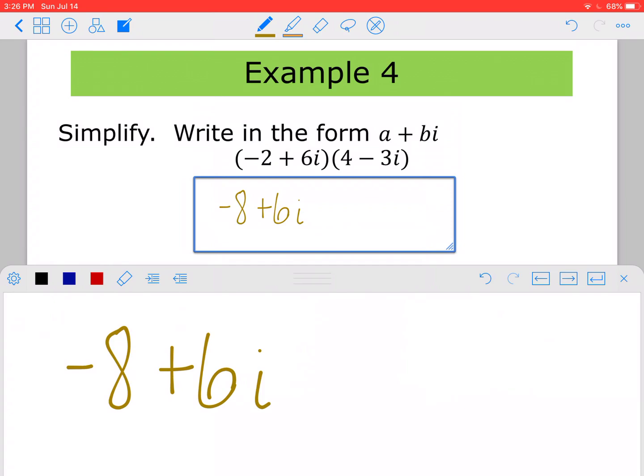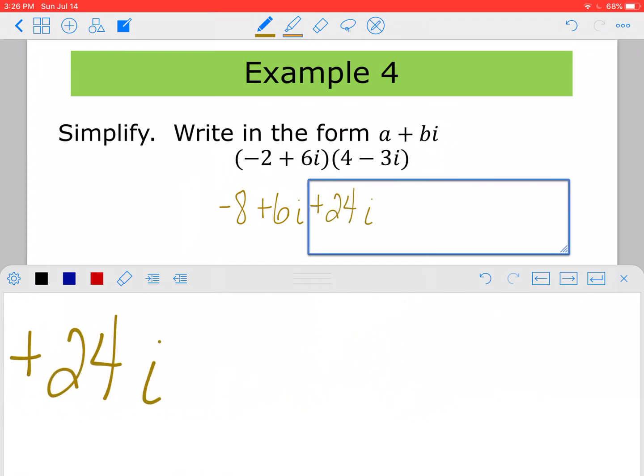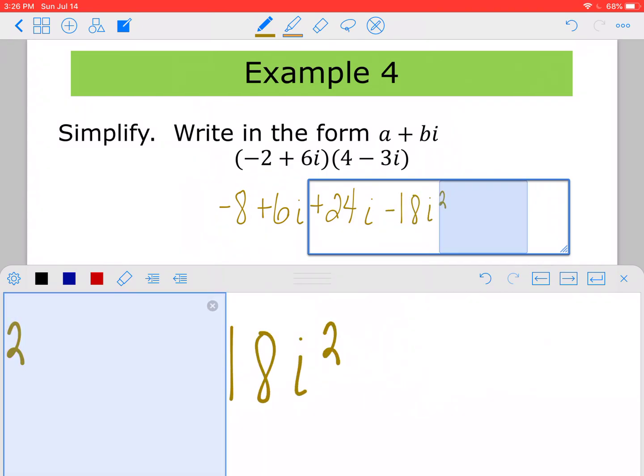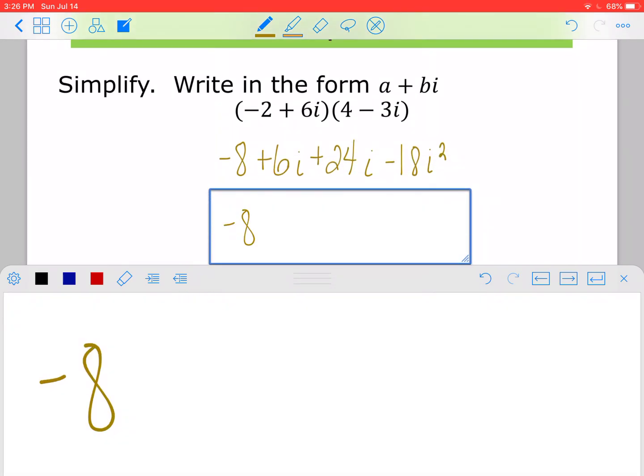Okay, we've got some like terms here. 6i plus 24i, that's 30i. And then we've got this i squared. In order to finish this, we can't leave it as an i squared, because we know that i squared is negative 1. So we just plug in the negative 1 for the i squared.